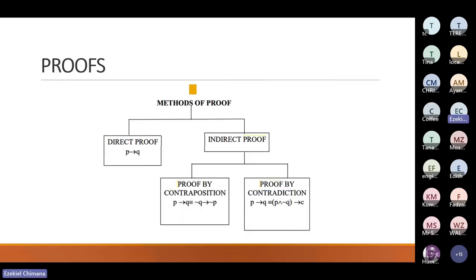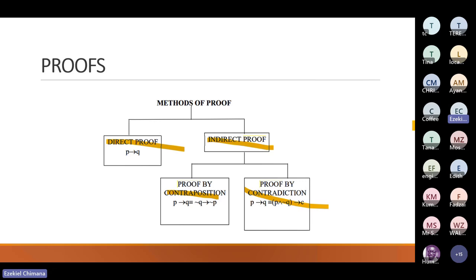So let's do proofs, methods of proofs. On proofs, we're going to do direct proof and the indirect proof. On indirect proof, we are going to do contraposition and contradiction. And after that, you do the mathematical induction, though it's a chapter on its own.